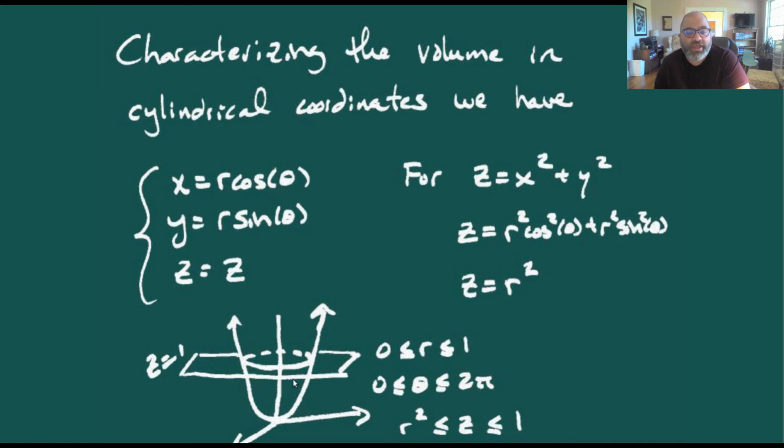And for the vertical slices, the bottom is the bottom of this paraboloid, which is r squared, and it's going to go all the way up to the top of the plane where they're capping this thing off at z is equal to 1. So we get limits of r going from 0 to 1, theta going from 0 to 2 pi, and z going from r squared up to 1.